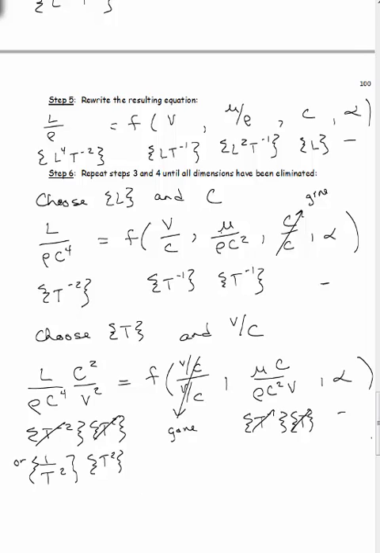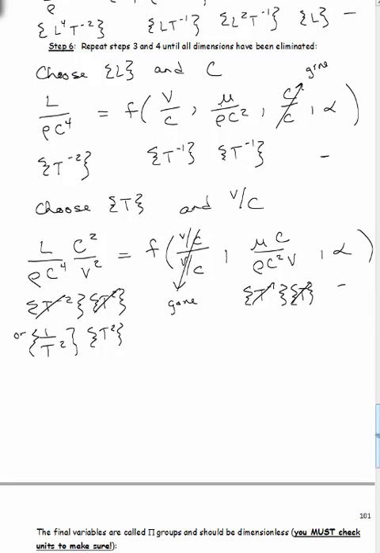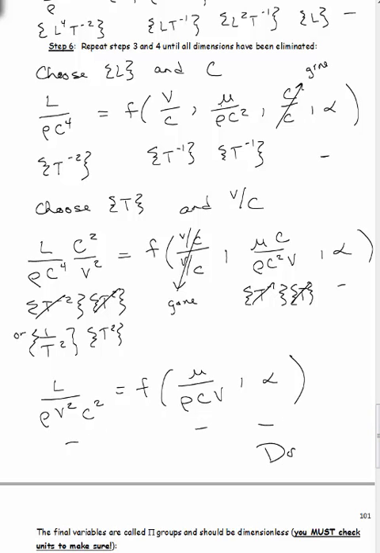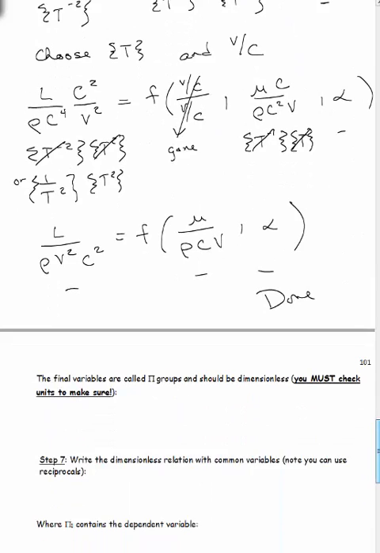So let's just simplify it a little bit. And what we have is L over rho v squared c squared equals a function of, one of these c's cancels, mu over rho c v and alpha. Nice. 2 variables now. And since these are all non-dimensional, that means we're done. Done when they're all non-dimensional.